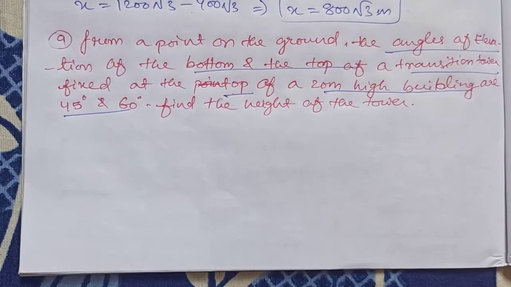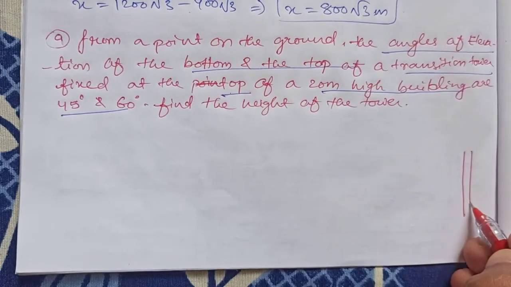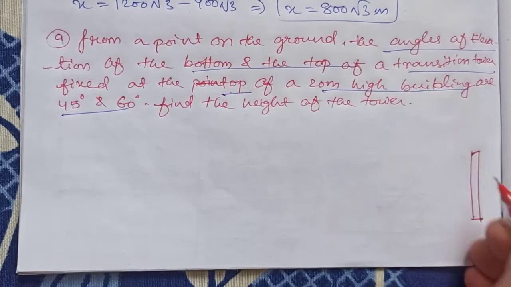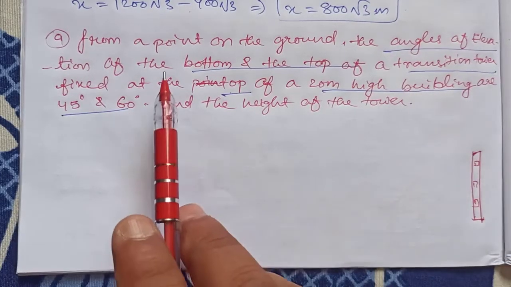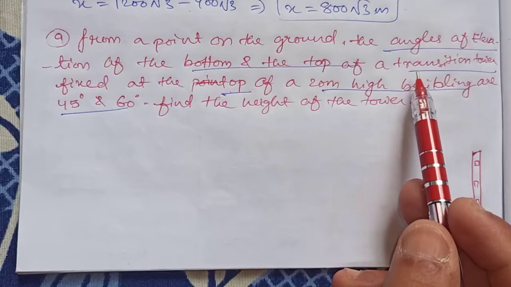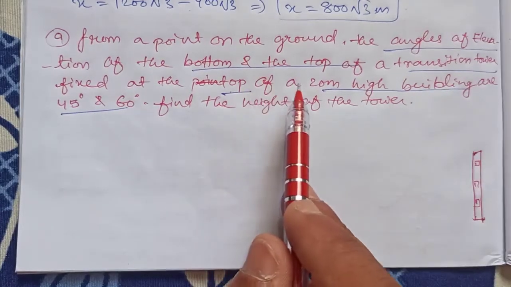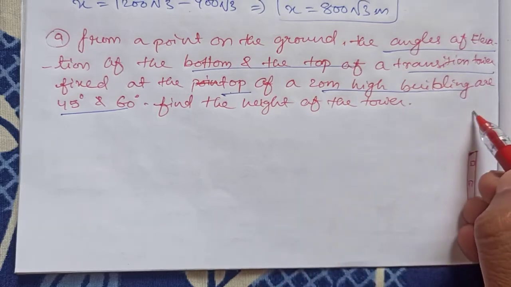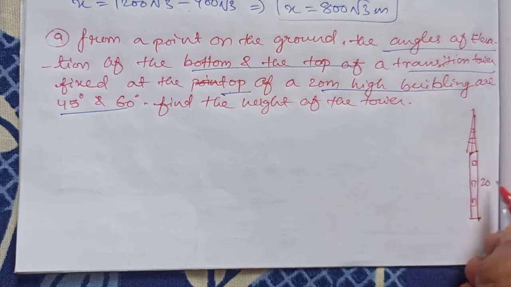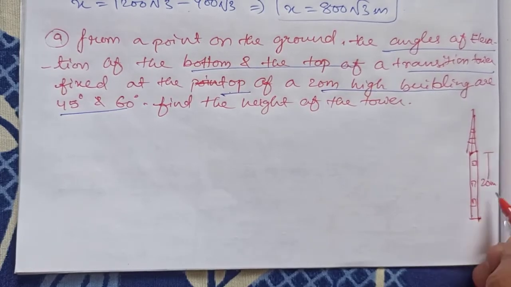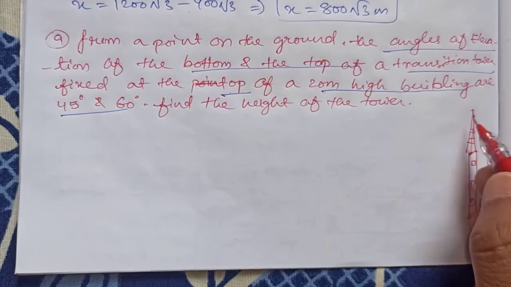Okay, that means there is a building situated on the ground and there is a transmission tower. Transmission tower means radio tower. It is fixed at the top of a 20-meter high building. This is a building, this is a tower fixed at the top of the building.